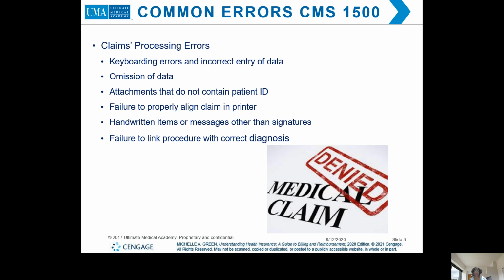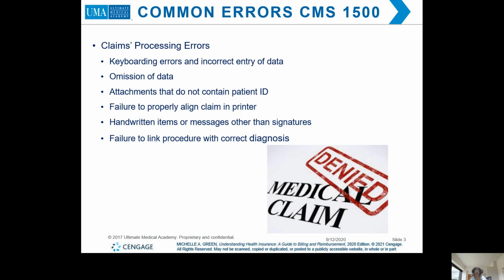So just think about some of these things when you are entering data, if you are a biller or become a biller, or if you become an auditor or an accountant. There are many career paths you can take when you learn how to bill and once you learn how to code. You don't have to just be a coder or a biller.